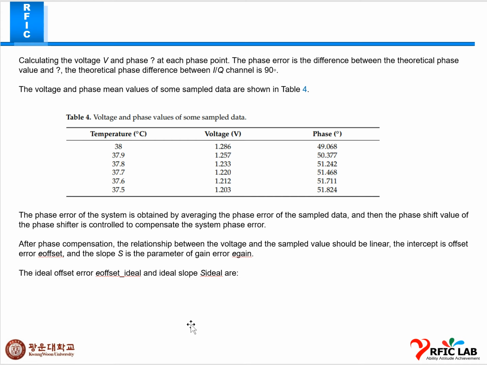When the temperature is about 38, if you keep the voltage at 1.286, the phase will be 49.068. Correspondingly, every temperature and voltage has a specific phase. You can go through this table.